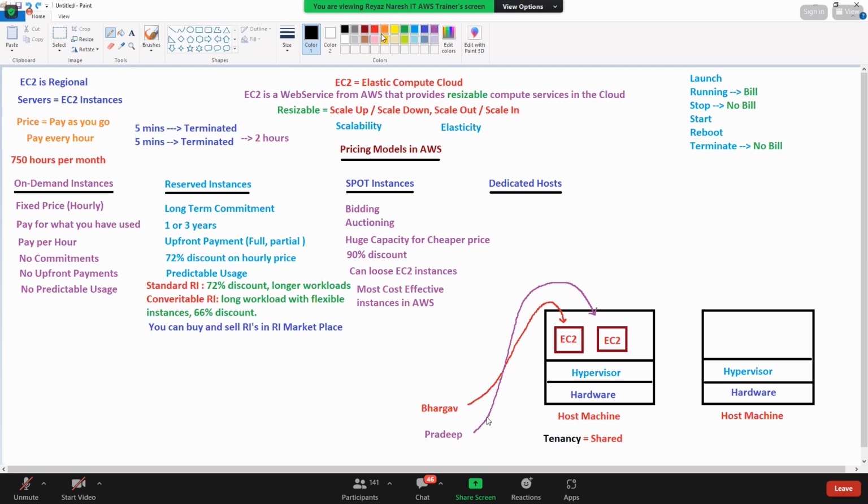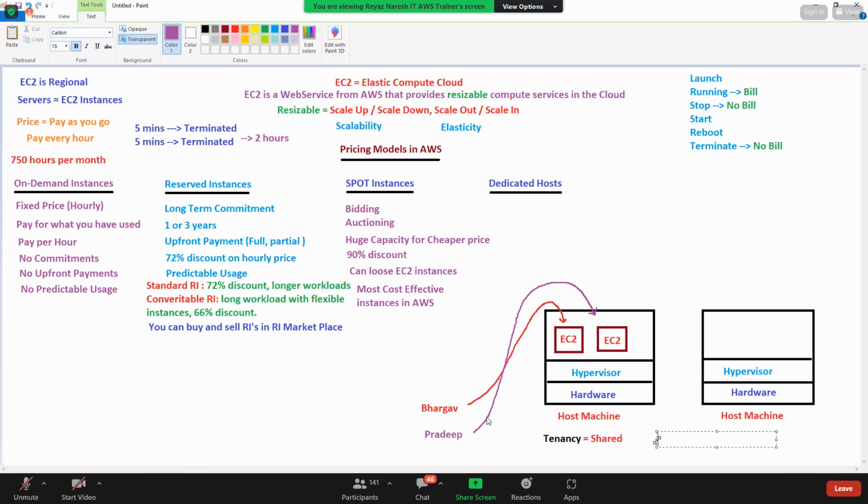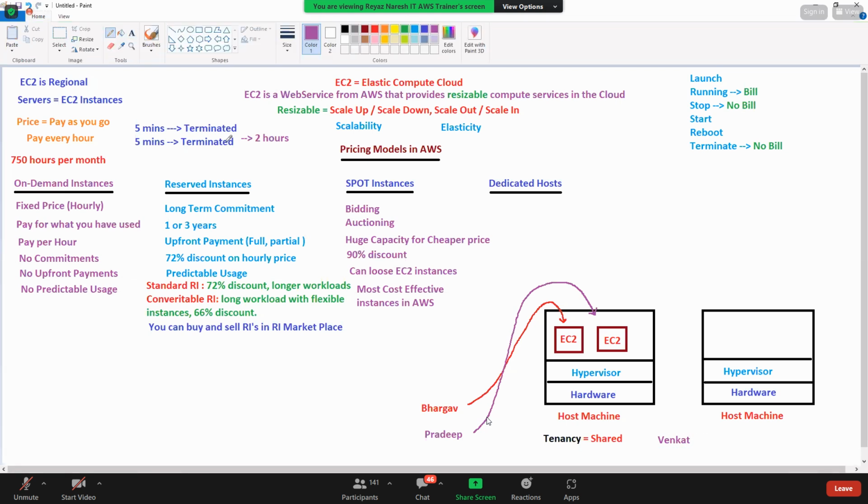Now, I have another one. Venkat. So now Venkat has launched the EC2 instance, but Venkat doesn't want to share the tenancy. Venkat needs his own dedicated machine.